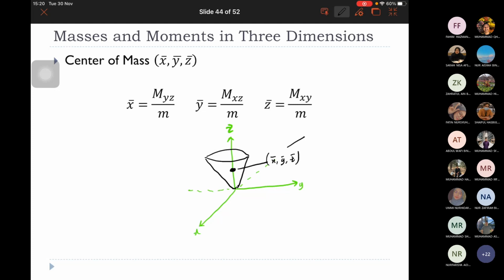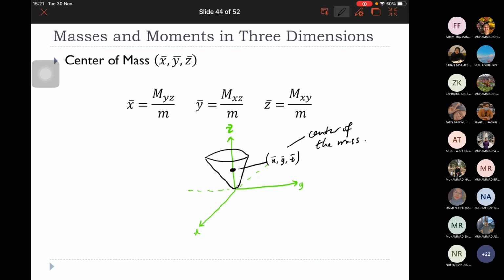This is the center of the mass. We will use these formulas in finding the center of the mass. Okay, is it clear? Clear. Okay.